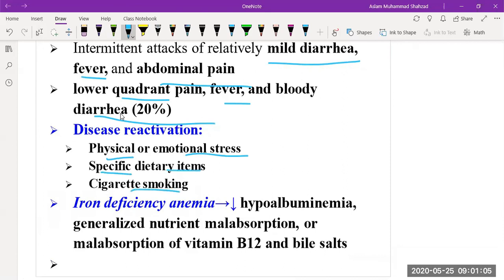In case of iron deficiency anemia, there will be a decrease of albumin in the blood, which we express as hypoalbuminemia. We also discuss malabsorption of nutrients and of vitamin B12. So if someone has iron deficiency anemia, hypoalbuminemia, or malabsorption of nutrients, resulting in deficiency of vitamin B12 and bile salts, then IBD could be occurring.